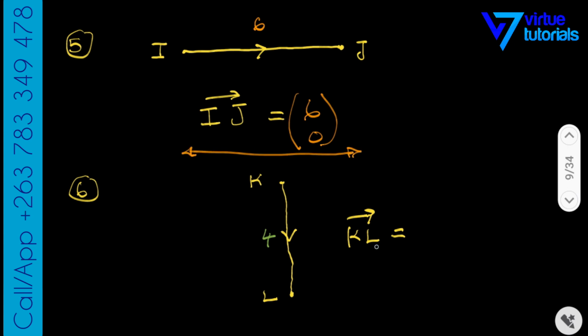The vector KL now represents no movement left or right, so there's no movement in the x direction. We put a 0. But then for the y direction, we move downwards 4 steps, so that's going to be minus 4. So your movement from K to L is 0, minus 4. So those are simple column vectors.